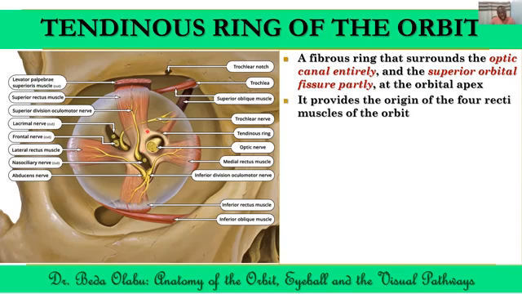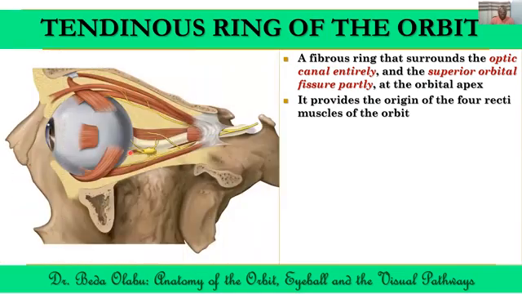This fibrous ring forms point of origin of the four recti muscles: superior rectus, medial rectus, inferior rectus, and lateral rectus muscle. So they have a common tendinous origin. This image shows you again that tendinous origin towards the apex of the orbit with inferior rectus, perhaps medial rectus, this lateral rectus, and superior rectus.